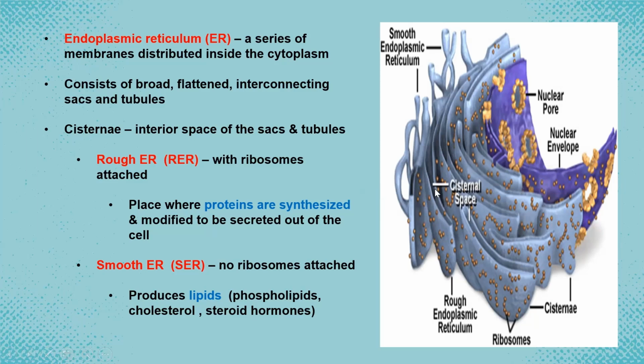The interspace of the sacs and tubules is divided into the rough endoplasmic reticulum, with ribosomes attached. This is the place where proteins are synthesized and modified to be secreted out of the cell. And the smooth endoplasmic reticulum has no ribosomes attached. Its function is to produce lipids, phospholipids, cholesterol, and steroid hormones.